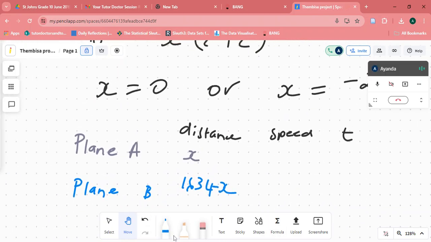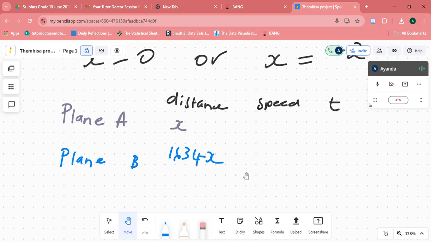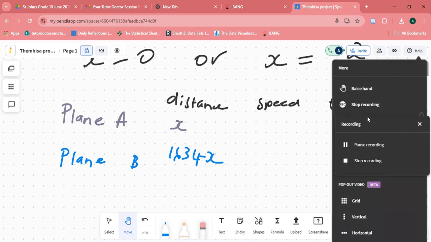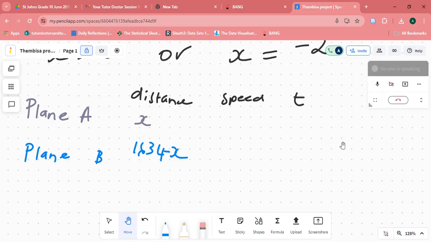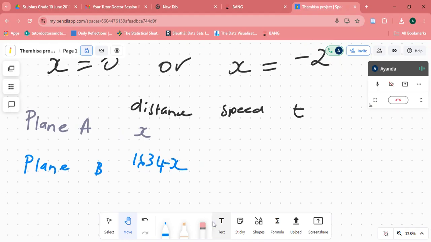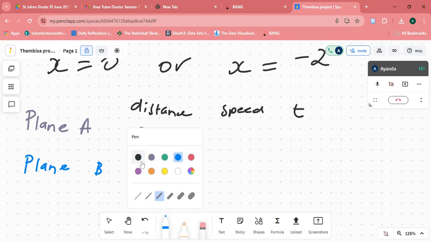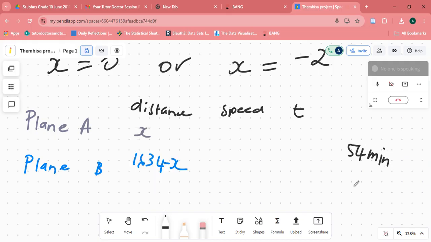The speed at which they're traveling, we know speed is distance over time. We were told in the question that it took 54 minutes to get to the point where they met.